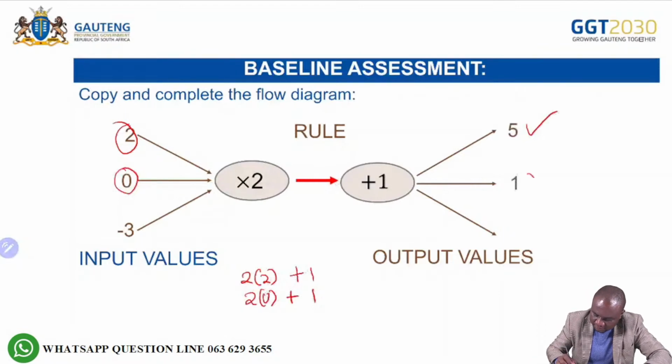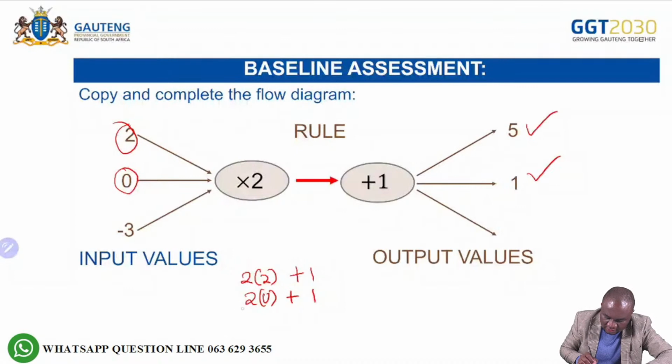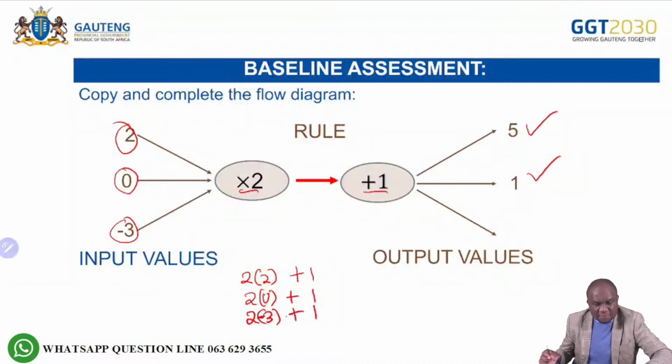Okay, mark that. And then negative 3 is the input value. We multiply by 2, and then we add 1, so it's 2 times negative 3 plus 1. 2 times negative 3 is negative 6. Negative 6 plus 1 is negative 5. Okay, mark that.